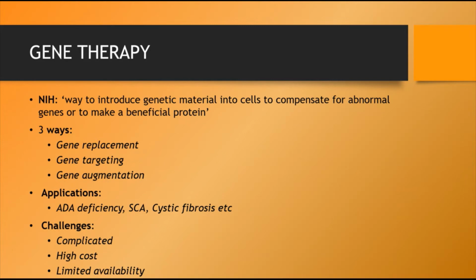Unlike the previous step, here we correct it by introducing a complementary part of it. Third is gene augmentation, which is the introduction of one or more copies of that gene in case that gene is not fully functional.